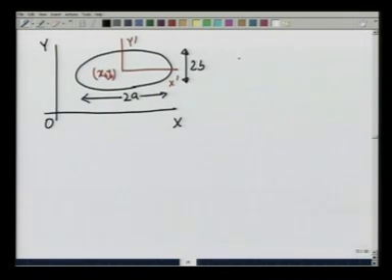So, by transfer theorems, I have I_xx equals I_x' plus y_0 squared times the area of the ellipse.